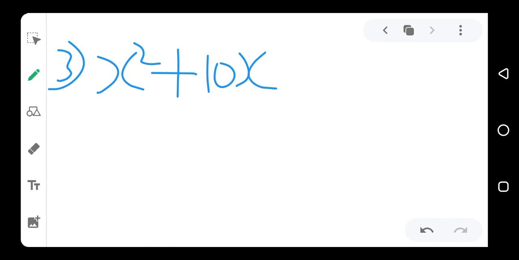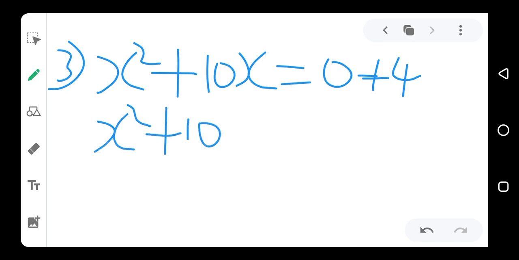It becomes x squared plus 10x is equal to 0 plus 4. If you are taking it to the right hand side, it becomes plus 4. That is x squared plus 10x is equal to 4.